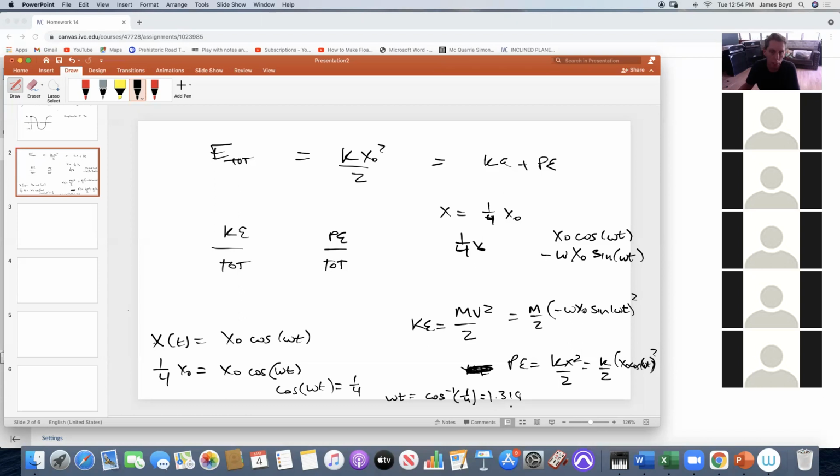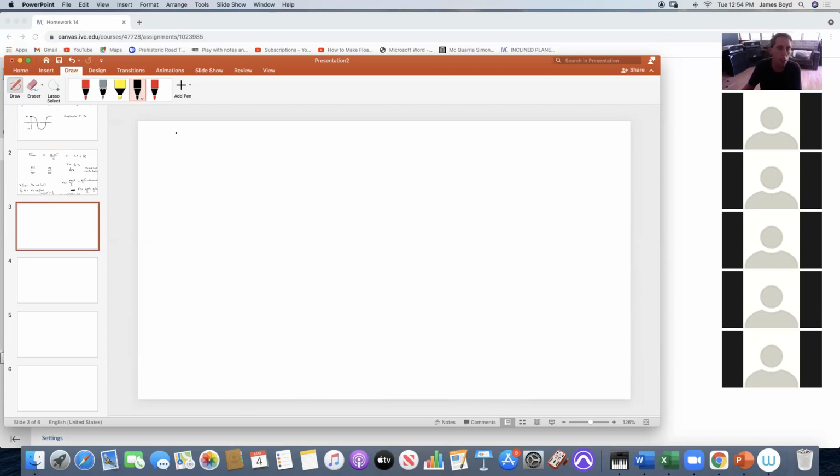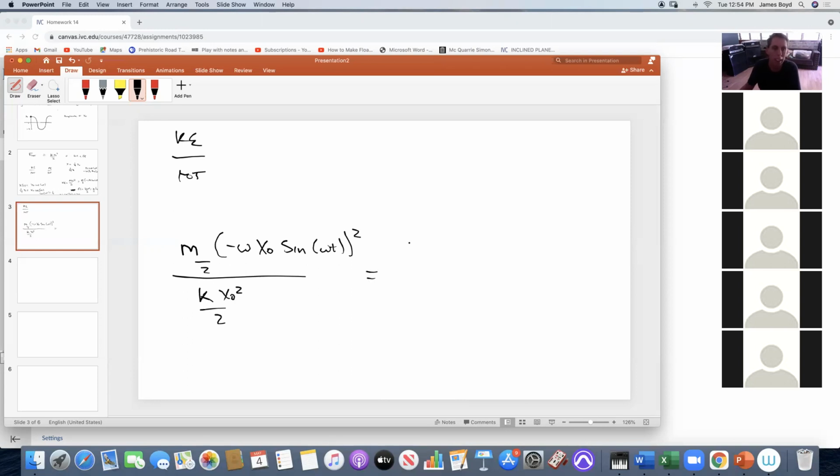You're going to need the omega t, because if we put either one of those over the total, for this one we would get m times negative omega x naught sine omega t, all squared, over one half, over k x naught squared over 2, which would be equal to the halves would cancel, the x naughts would cancel.